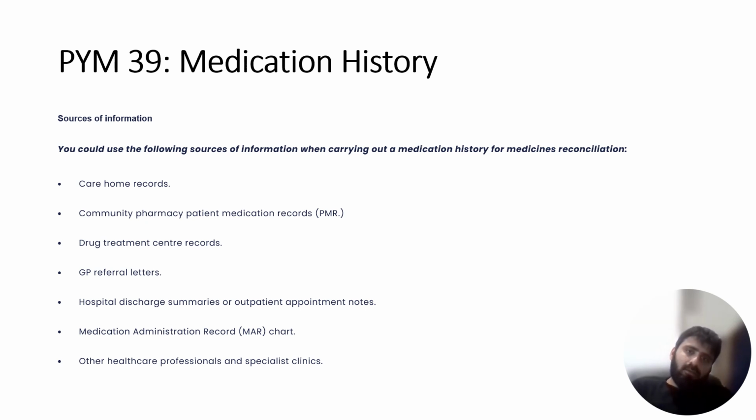And so the next part would be accessing their sources of information. So you could use the following sources of information when carrying out a medication history for medicines reconciliation. So you can use care home records, community pharmacy patient medication records.